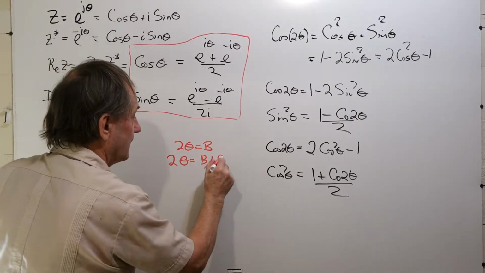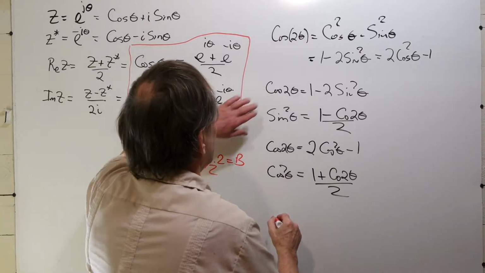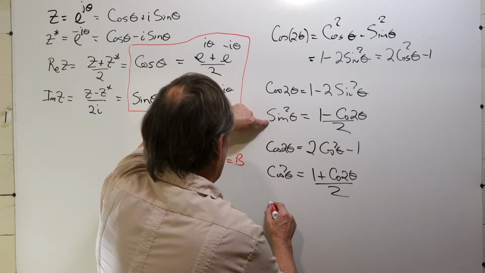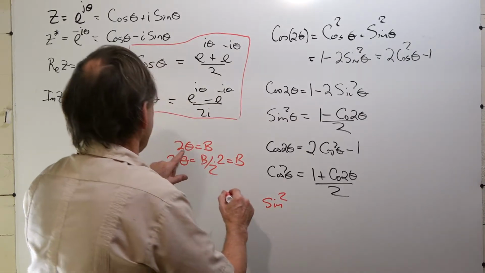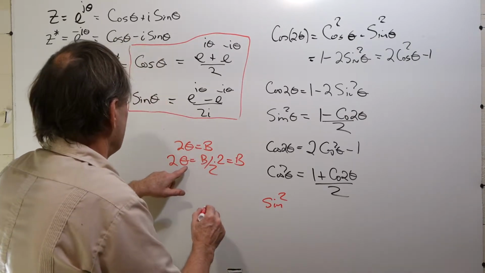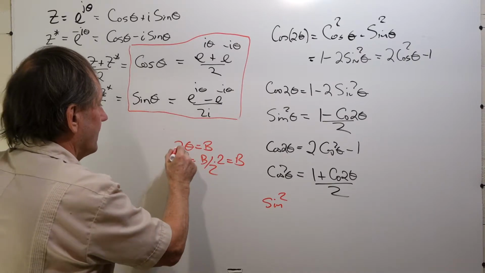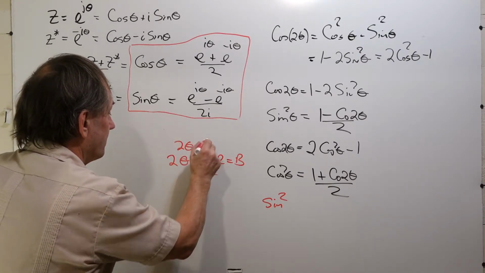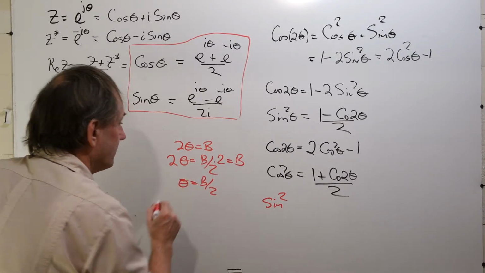So putting in here, we have that the sine squared theta is equal to, what I need to solve here is this one for theta. So theta equals b over 2.